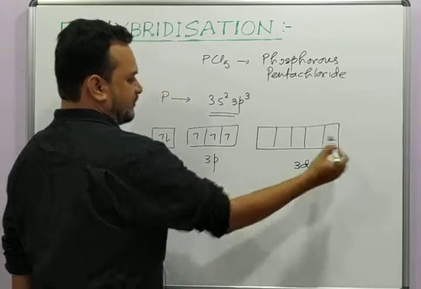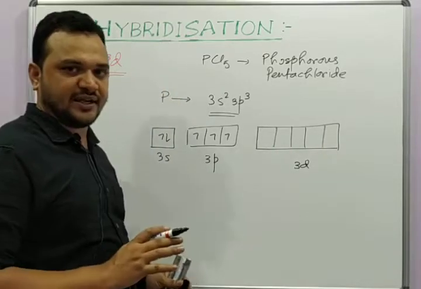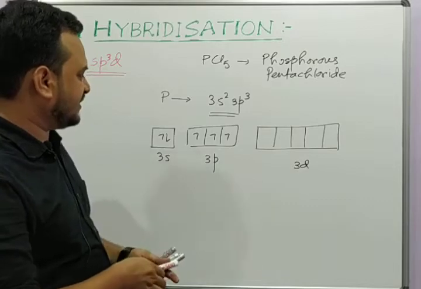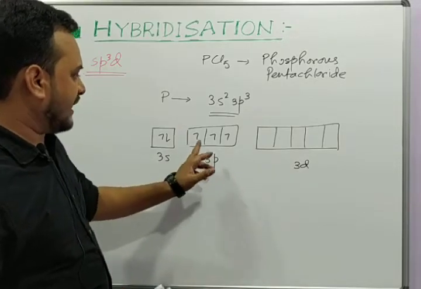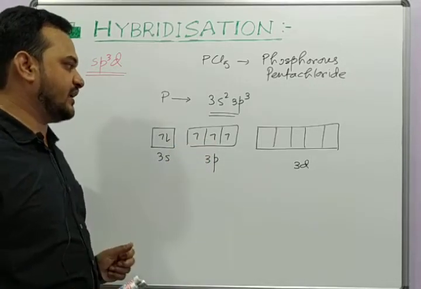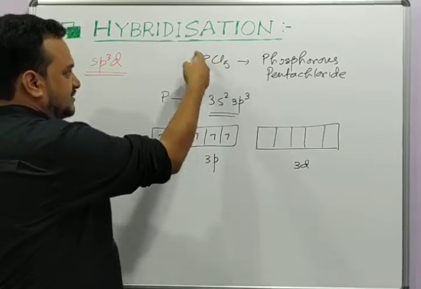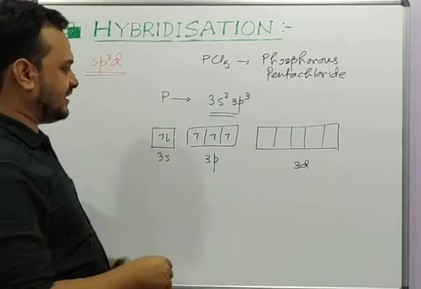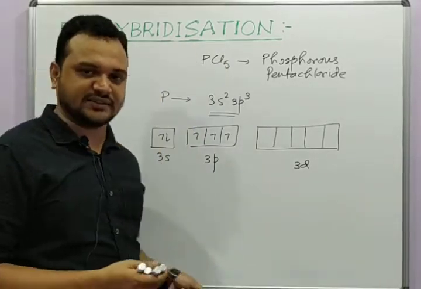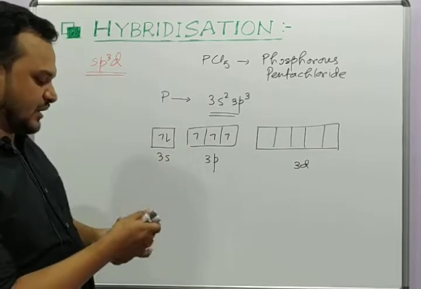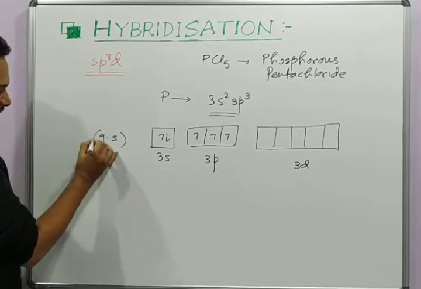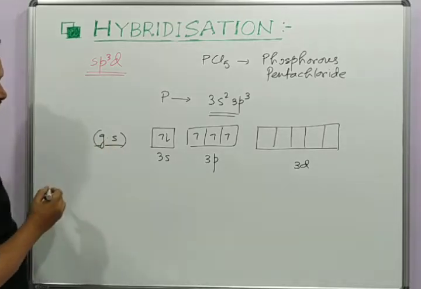So 5d orbitals, they are vacant but they are there, and you can see in the valence shell here we have only 3 unpaired electrons. For phosphorus we have only 3 unpaired electrons, but from this formula PCl5 it is clear that the phosphorus is bonded with 5 chlorine, that means the covalence is 5. So from this ground state electronic configuration we cannot explain the pentavalency of phosphorus.